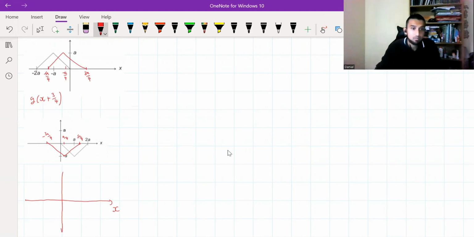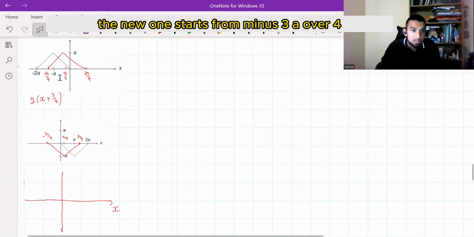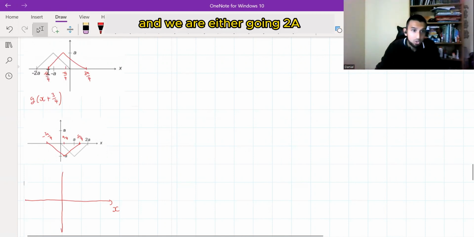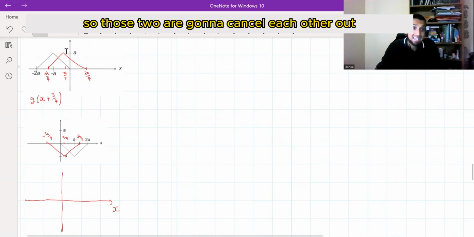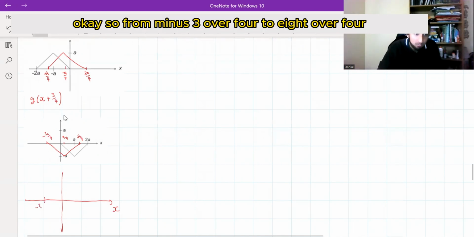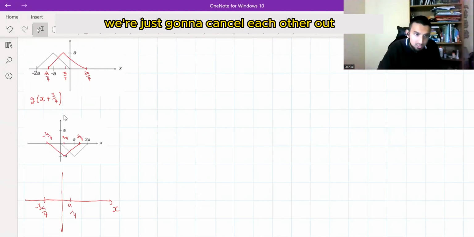So the new one starts from minus 3a over 4, and we are either going to a or we're going down to minus a. So those two are going to cancel each other out, okay? So from minus 3 over 4 to a over 4, we're just going to cancel each other out.